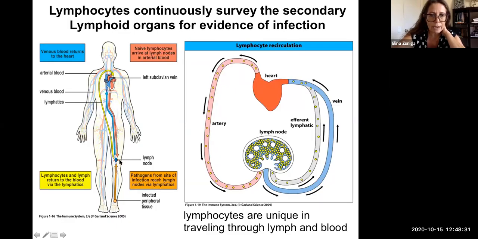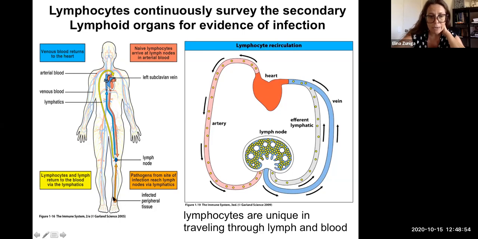After that, they will search for their specific antigens, and they will leave and return to blood via the lymphatic system, and then through the subclavian vein, they will get again into the blood circulation.